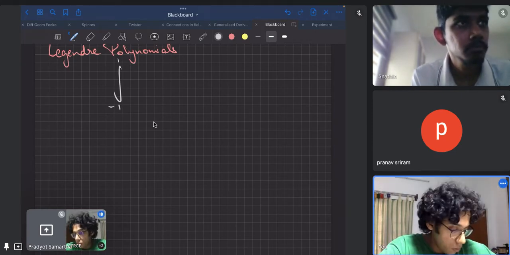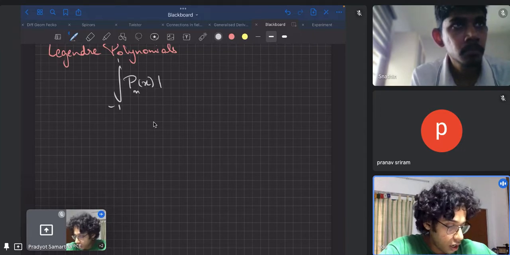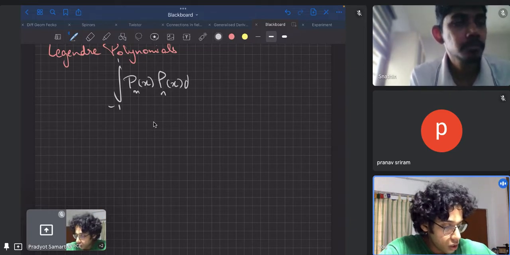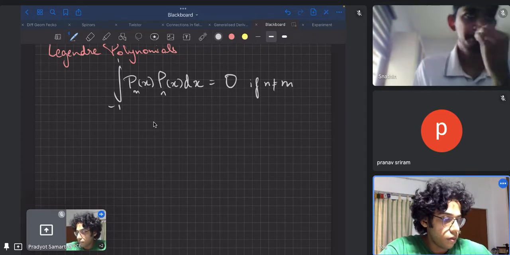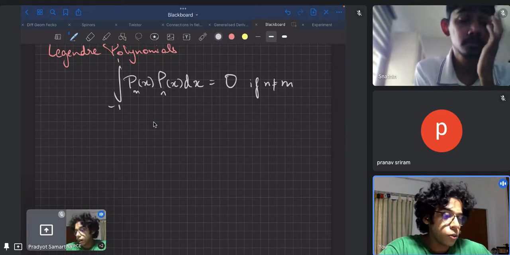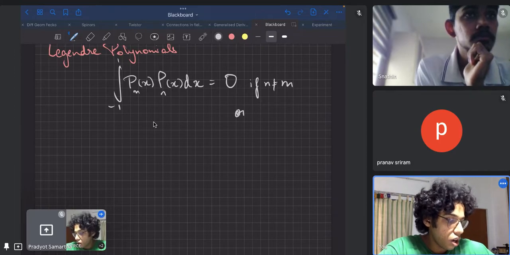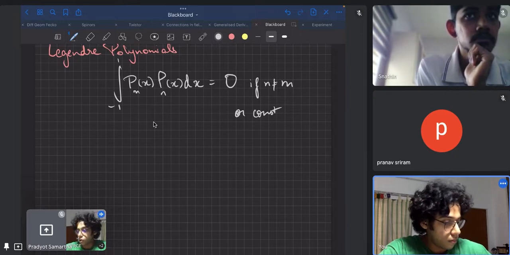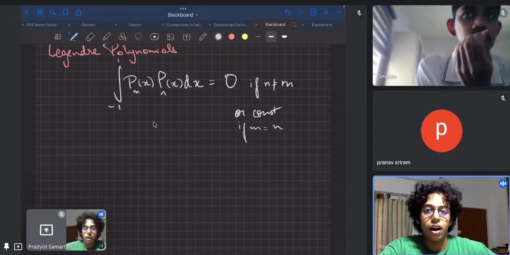The definition is: if you have a polynomial of degree m in x multiplied with a polynomial of degree n in x, the integral is 0 if m is not equal to n, and it has to be some sort of a constant if m is equal to n.